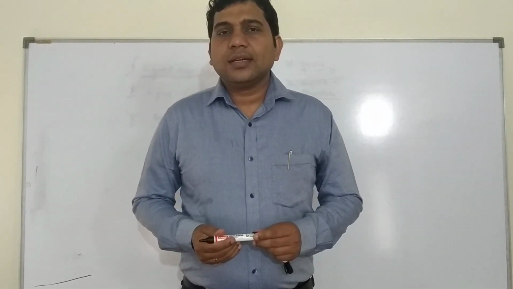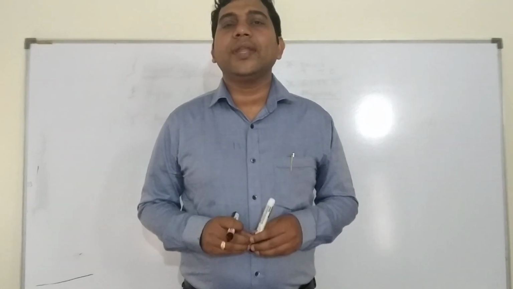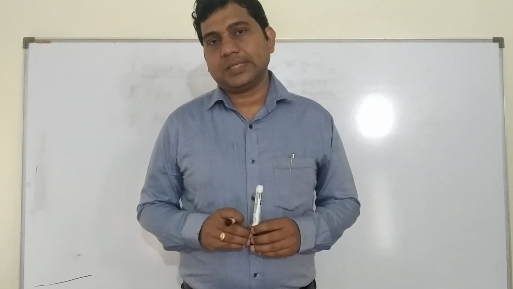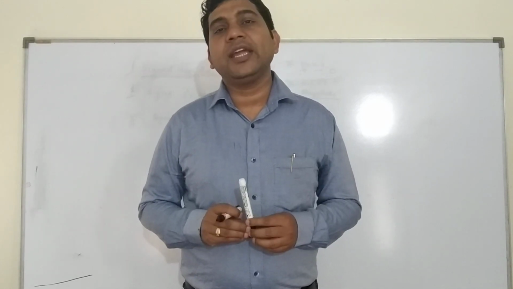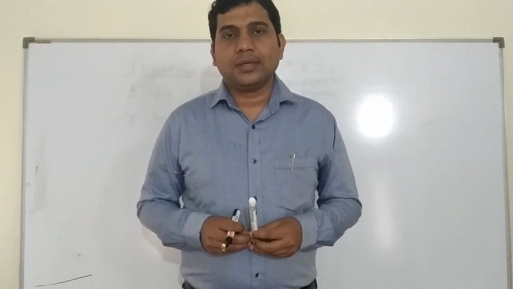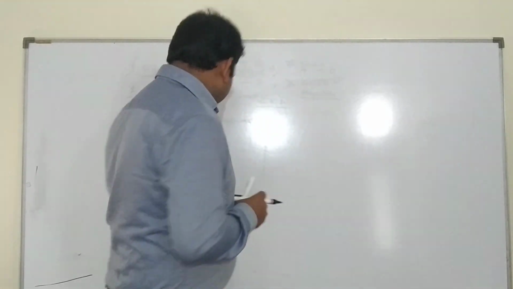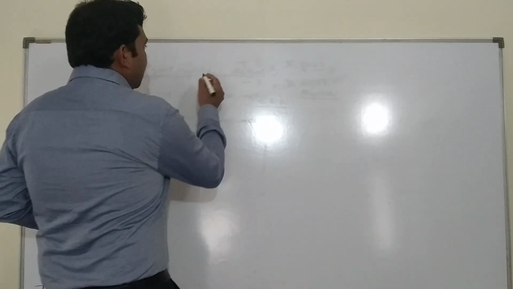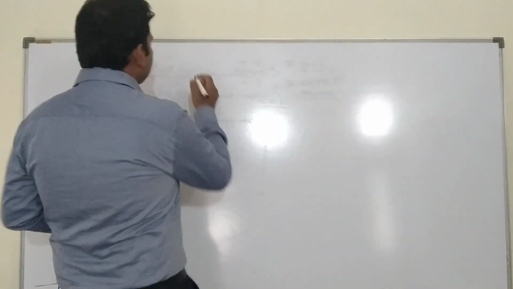So there are three ways to represent negative numbers in binary number system. Like in decimal number system, we have only one way to represent any negative number or any positive number. For example, suppose we wanted to represent plus 7.